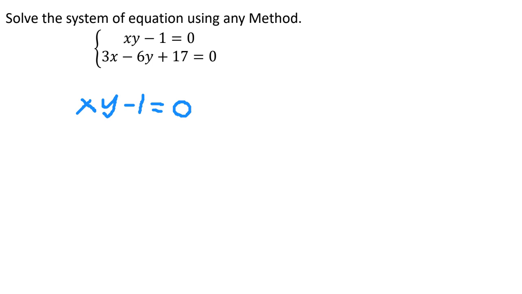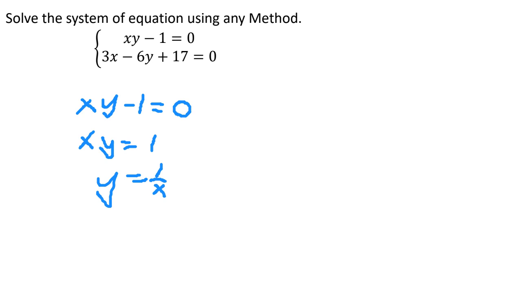So we're still going to add 1 on both sides, so we get xy equals 1. Okay, and then I'm going to solve for y. So let's divide both sides by x, and we have y equal to 1 over x. So when I plug this back into my equation, everywhere I see y, I'm going to plug in 1 over x.